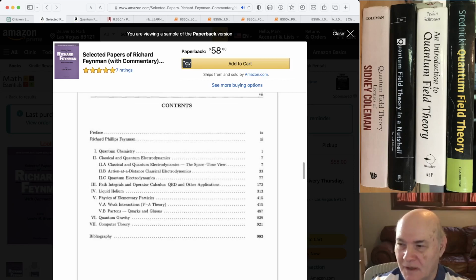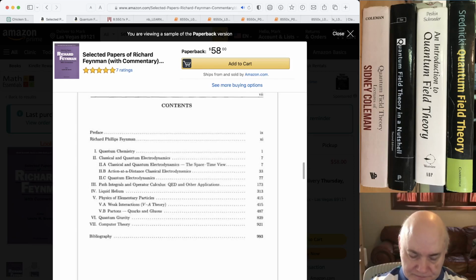I've done the V minus A theory, which he and Gell-Mann worked on in the late 50s to explain weak interactions. And now I'm about halfway through the stuff he did on partons and quarks and gluons. He's got some nice tutorials on gauge theories as well.